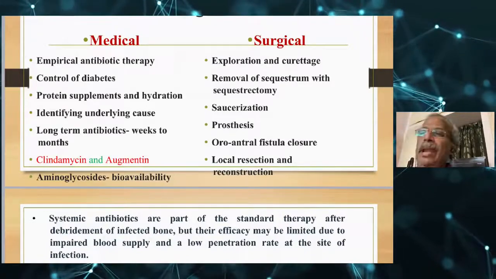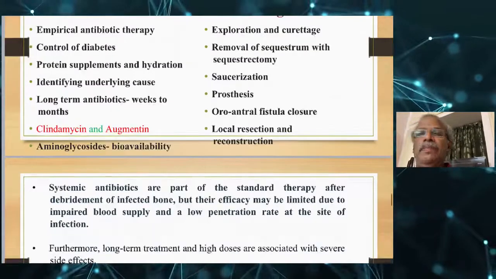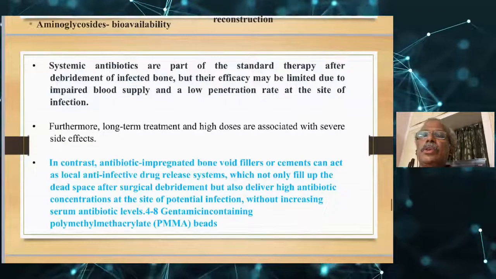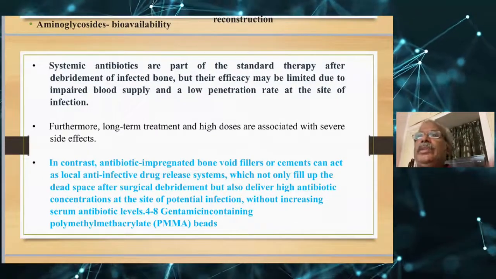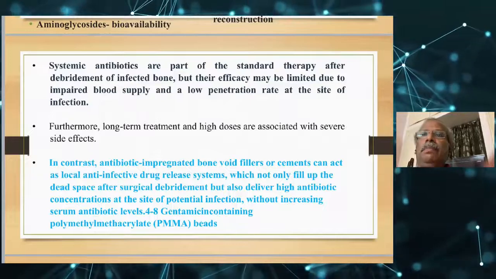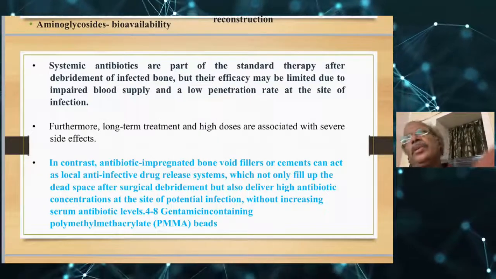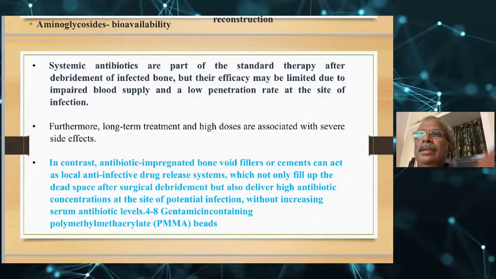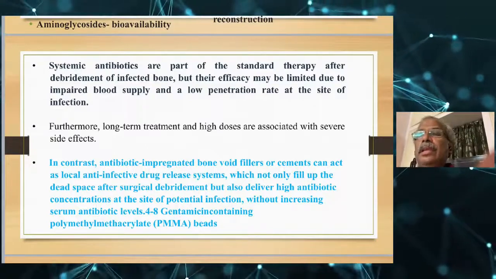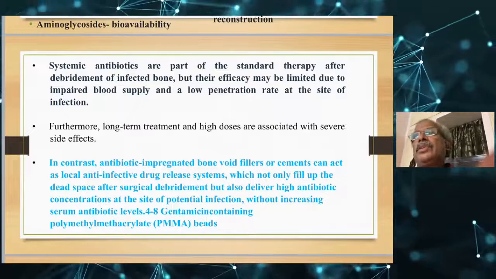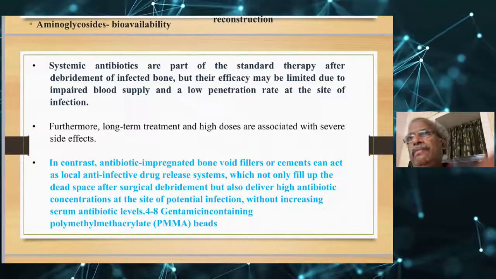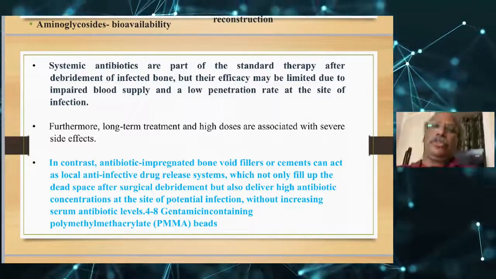And if necessary, a flap like a nasolabial flap and all those things. So systemic antibiotics like Augmentin and other drugs, aminoglycosides, are the standard therapy. It is very, very important to give them for a prolonged time. And even with that, sometimes it may not help in case of a chronic osteomyelitis. That is what I have found in the last so many years.